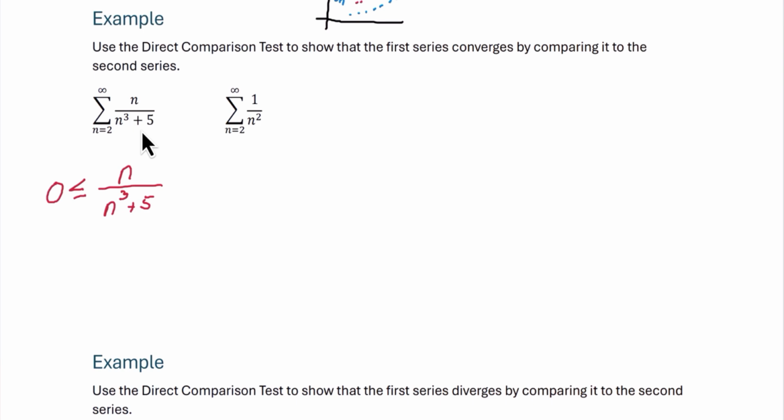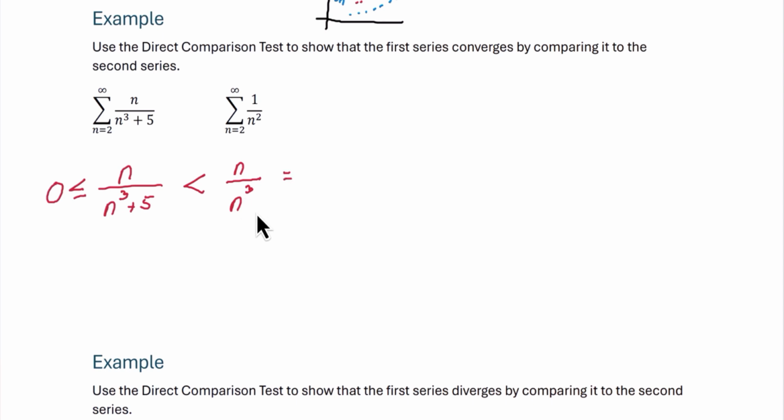And we can say that it is less than, what happens if we just remove the 5 from the denominator? If we remove the 5, the denominator is getting smaller. If the denominator is getting smaller, the fraction is getting bigger. So I can say with confidence that this fraction is smaller than this fraction because we made the denominator smaller.